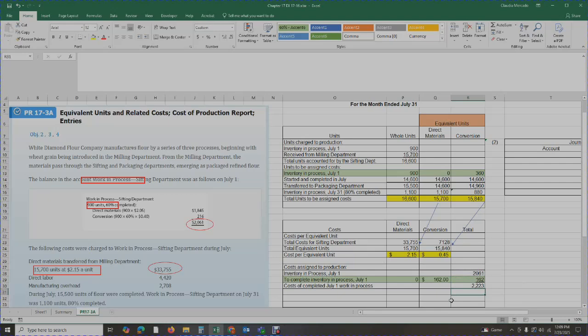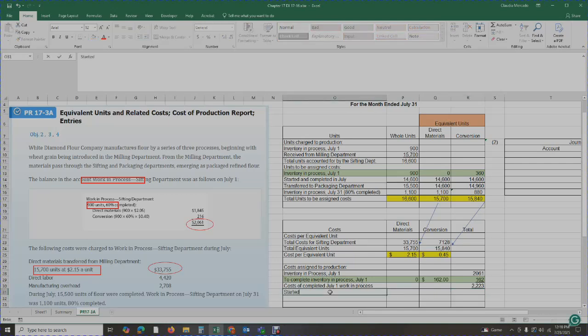That gives me $2,223. That is the cost of the completed July 1 work in process. So these are the goods that were transferred from last month to this month. This is how much we spent in materials, labor and conversion to be able to finish up the products. $2,223. Okay.